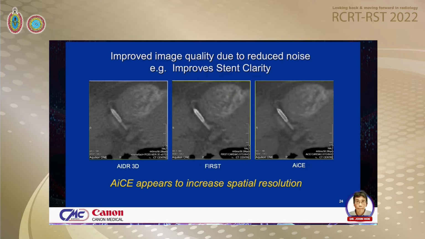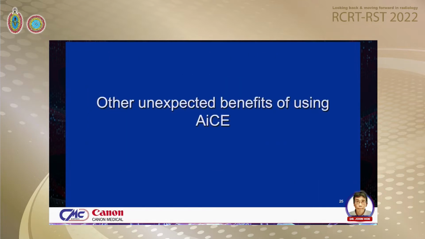And you can also see improved image quality of stents. The spatial resolution appears to improve. Look at the difference in the image quality of the stent reconstructed with iterative reconstruction and artificial intelligence.